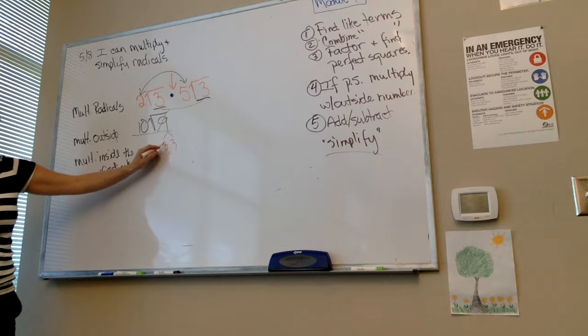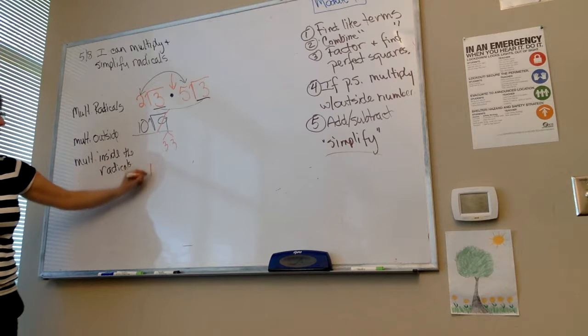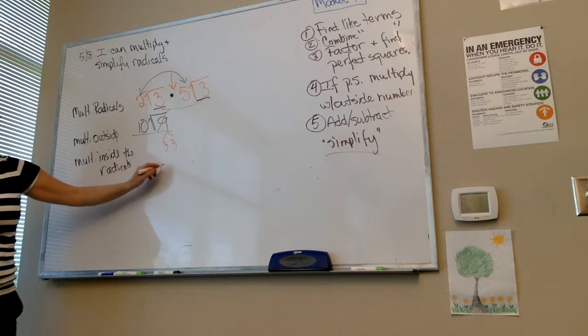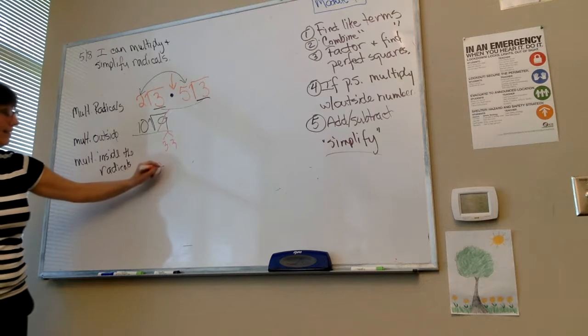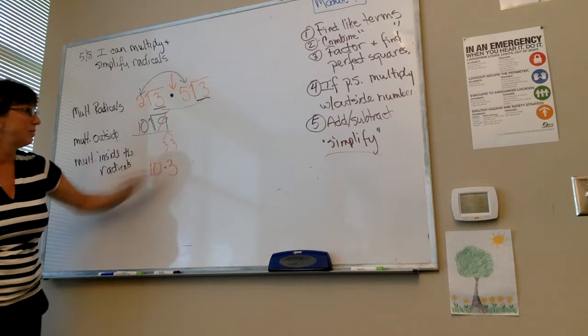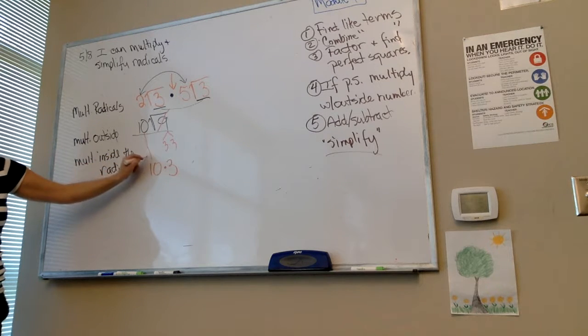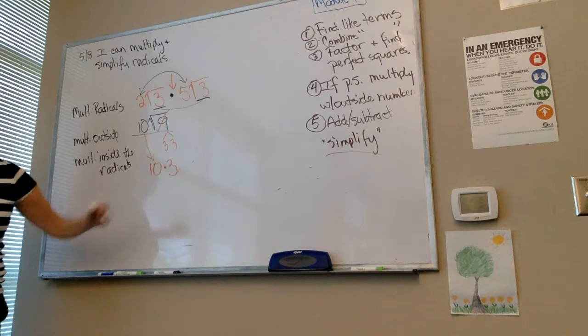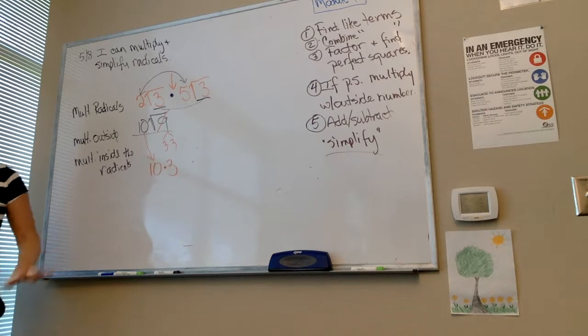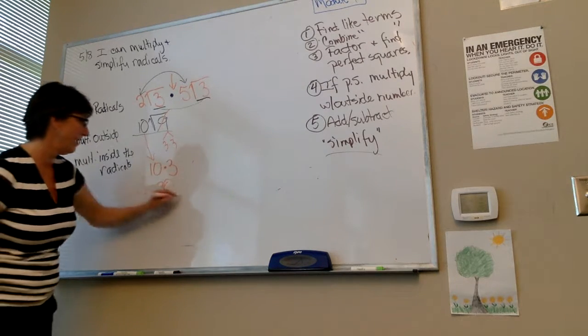What did we do with it before? We pulled it on the outside here. Yes, we're going to multiply it by the number that's on the outside here. 10 times 3 is 30. Yay.